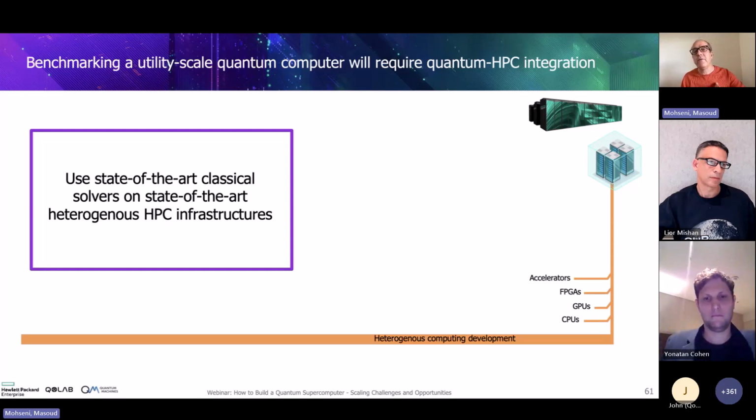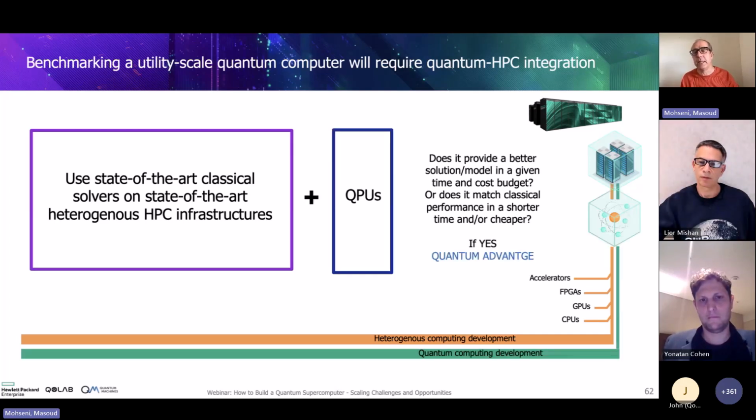So if you consider that infrastructure and add quantum computing, basically some QPUs, you can ask one of these two questions. If the answer to either of them is yes, then you have a quantum advantage. After adding QPUs, does it provide a better solution in a given time and cost budget?